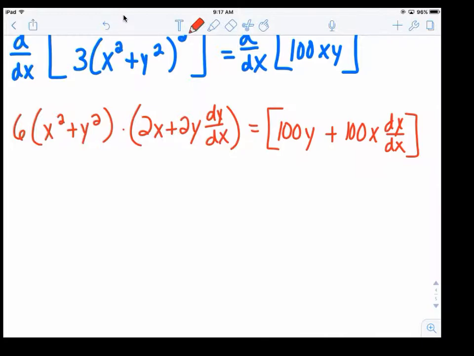So that's going to give me 12x times x squared plus y squared. So again, you're taking this term here and distributing it to that term, which you get there, plus, again, you multiply this term to that term.